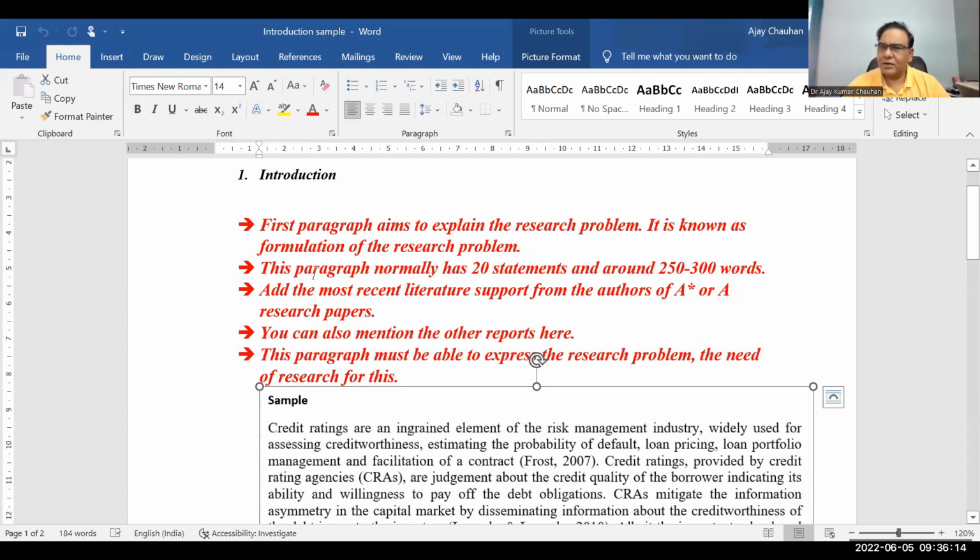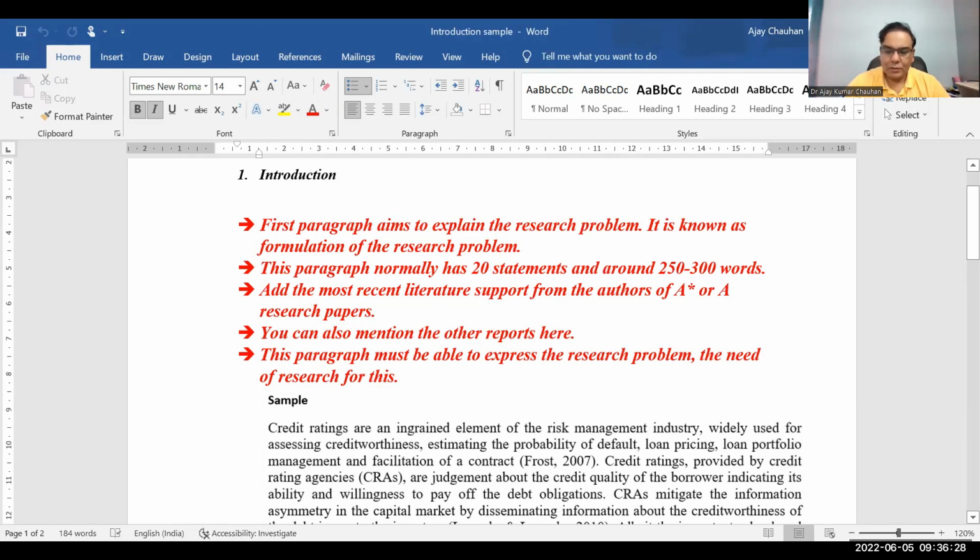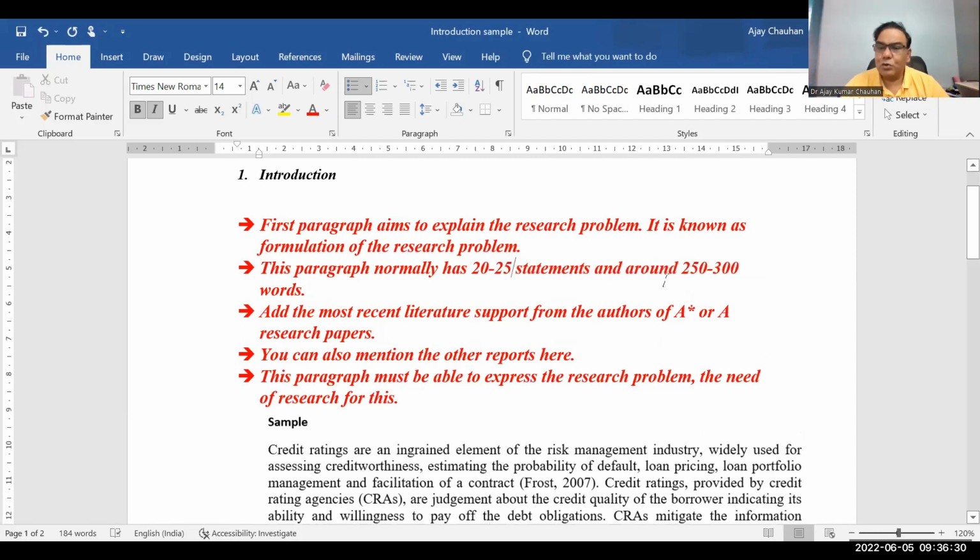On average, because we have seen so many papers, we came to the conclusion that this paragraph normally has 20 to 25 statements, and around 250 to 300 words.